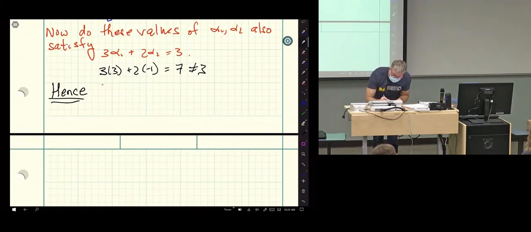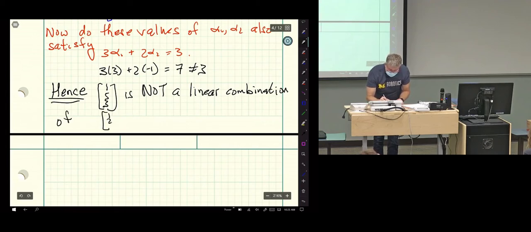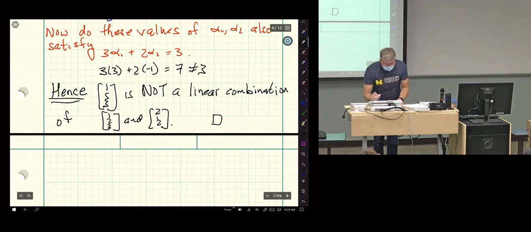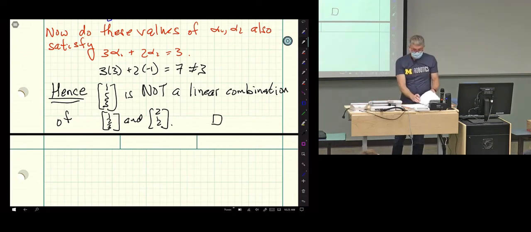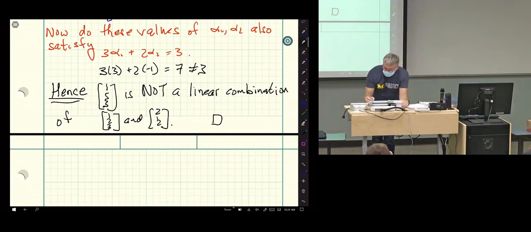Hence, (1, 5, 3) is not a linear combination of (1, 2, 3) and (2, 1, 2). Okay, so that calculation is super painful, and we're going to want to make that a much easier calculation.